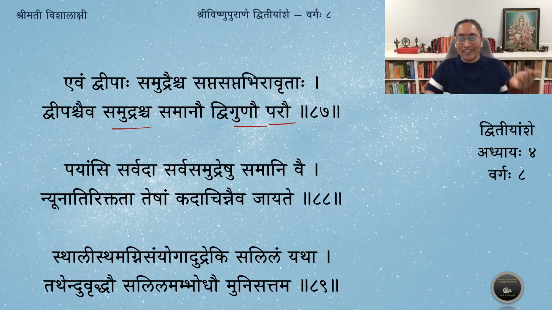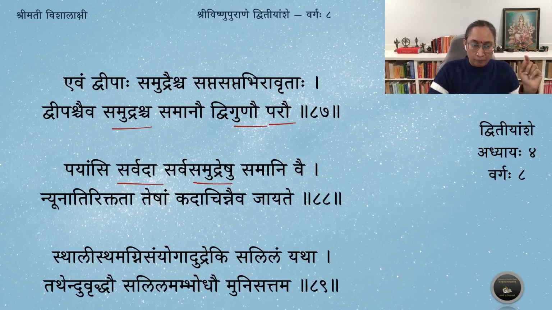He will explain it in the next few shlokas. So sarvada, always, sarva samudreshu, in all of the oceans, their respective amount of water, if in a small patram you can have only 500 ml, that is how much there will be in the first samudram, let's say. If there is a bigger patram, whatever it can contain, that is how much. That amount will never increase or decrease.